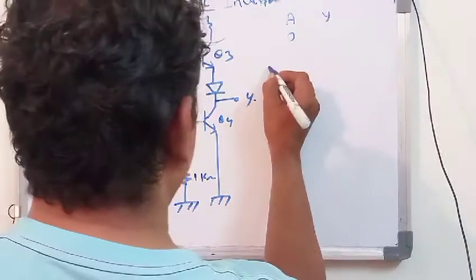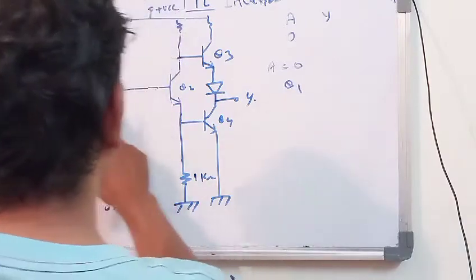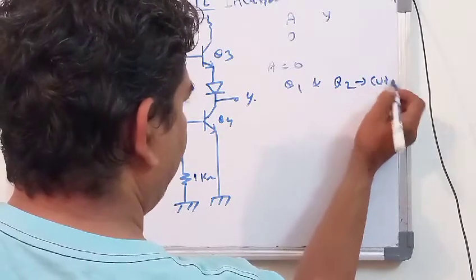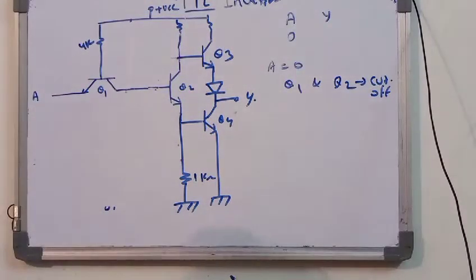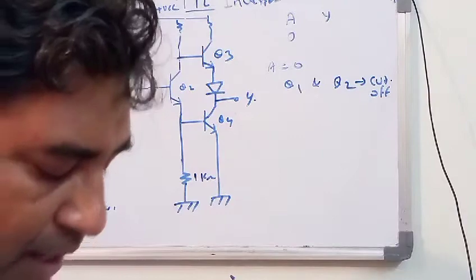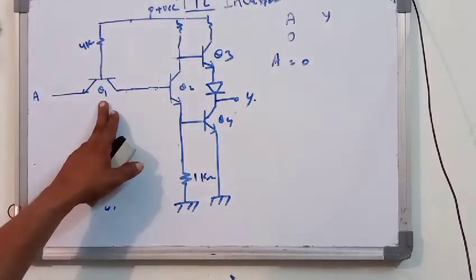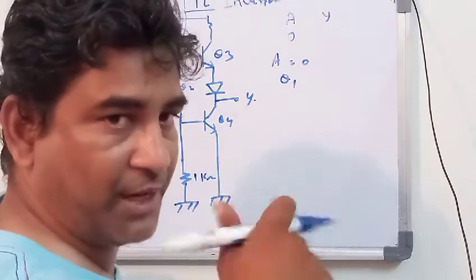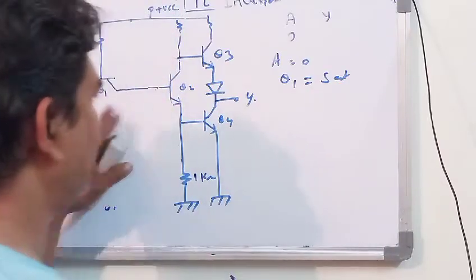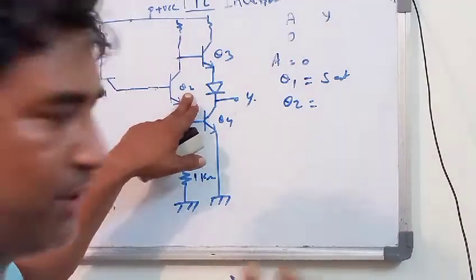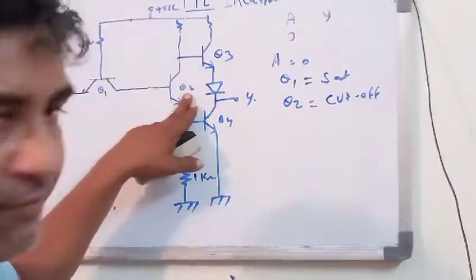When A is equal to 0, Q1 is in saturation, and Q2 is in cutoff.